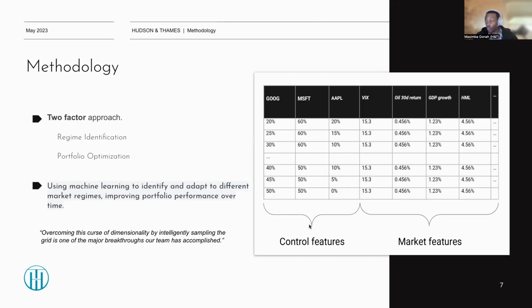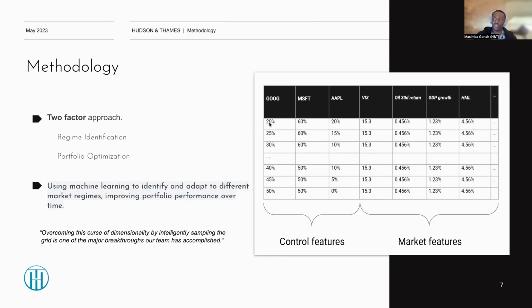So in this case, we have three assets: your Google stock, your Microsoft stock, and your Apple stock. And then you have your market features, and these will be directly linked to the market perception, or essentially the market state. And then each row is essentially an allocation, or a potential allocation, that the model will be sampling through.